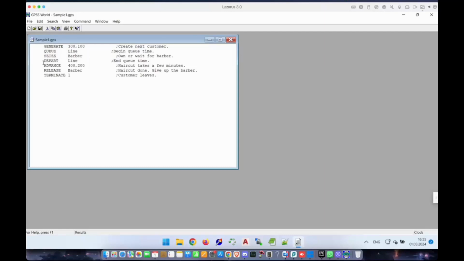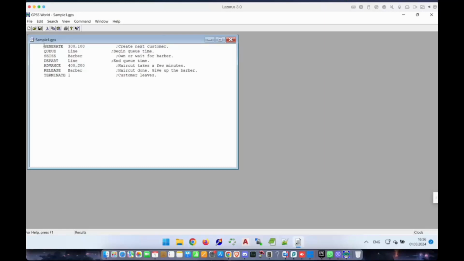Then it leaves the line, and then time passes for that transact. Here it will be 400 time units on average, plus minus 200. So the first parameter for the timing in generate and advance means the average time, and the second means the time dispersion.